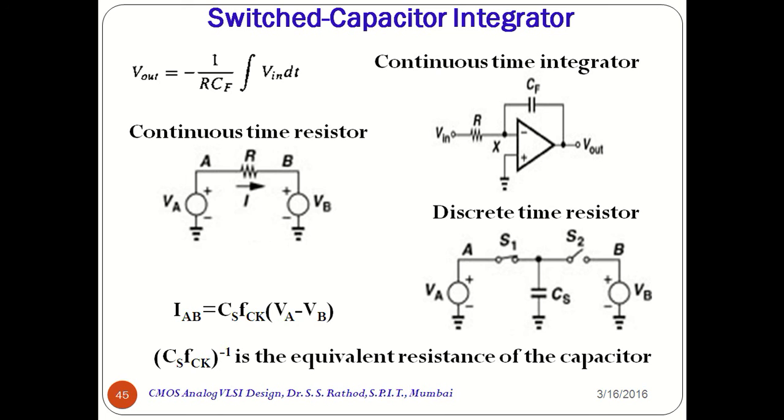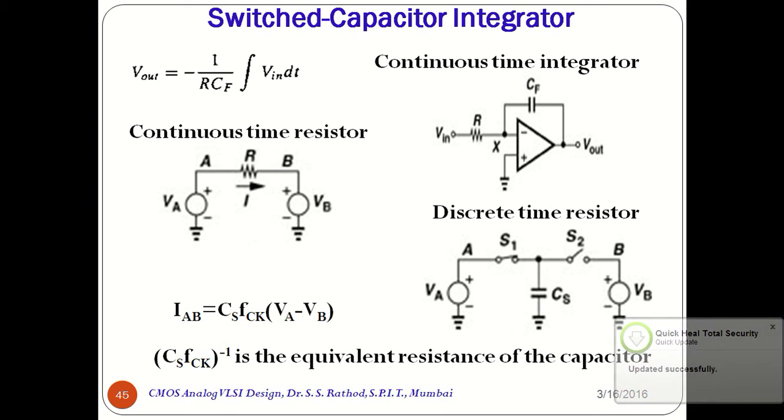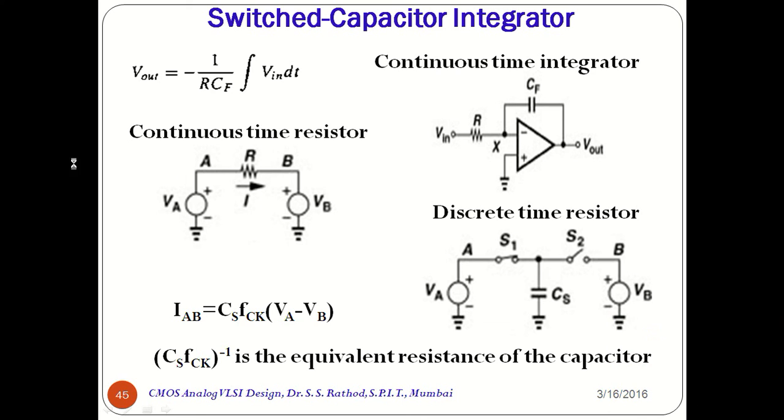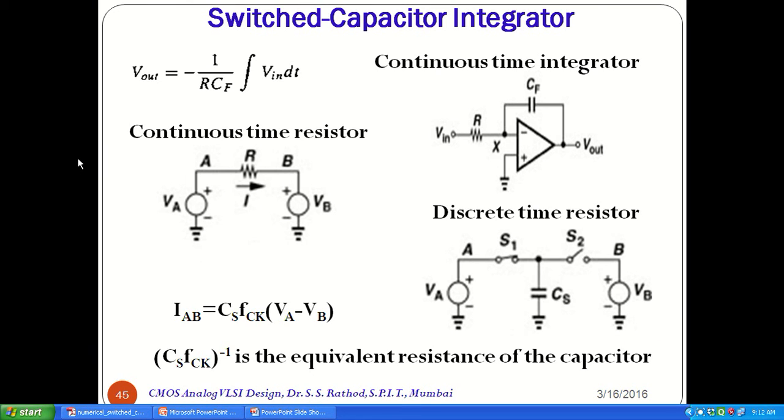The resistor is used to transfer charges from node A to node B with respect to time. Thus you can say that when you apply VA to node A, this VA should be transferred to node B, so it will make it VB. So the current flowing through the resistance, that is I, will be equal to VA minus VB upon R.